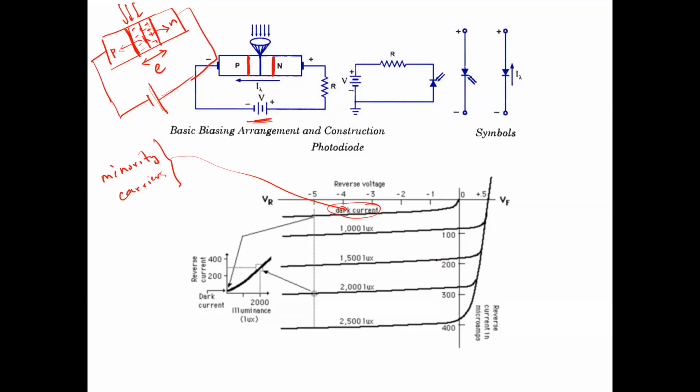Now, as the intensity of the incident radiation increases, the amount of reverse leakage current will also increase, as more free electrons and holes will be generated in the depletion region. As indicated in this characteristics graph, in the reverse bias region, with the increase in the intensity of the light, the amount of reverse leakage current is increasing.